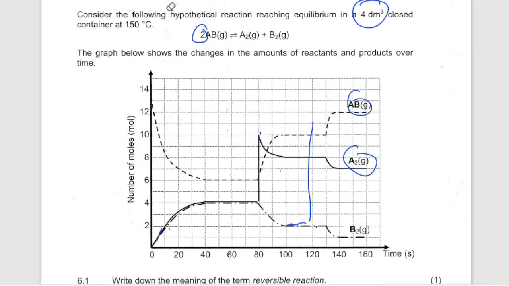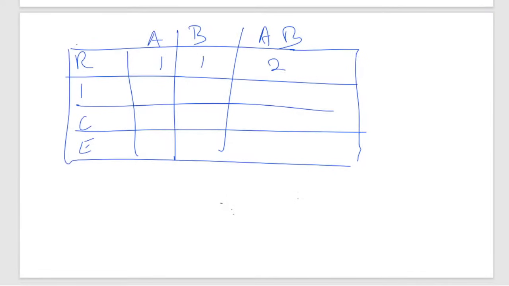Look, this is the initial, what you started with.